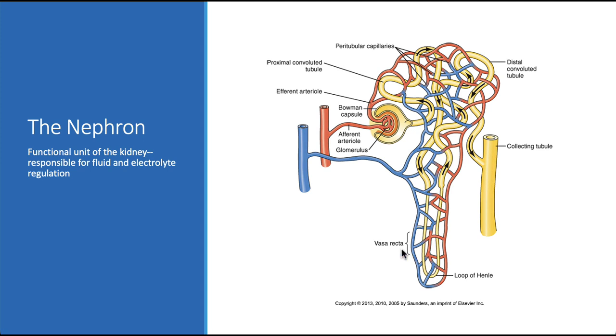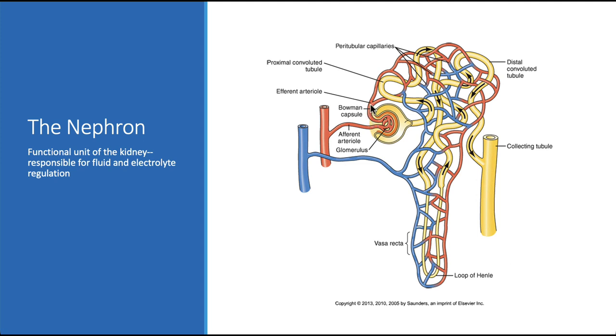Now, what makes up all these vessels that surround all of the collecting duct and the microtubules or the nephron tubules? Well, it's the artery that came from the glomerulus. So we call this the efferent arteriole.